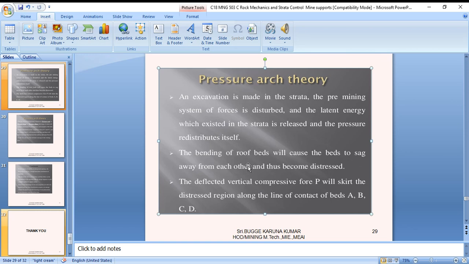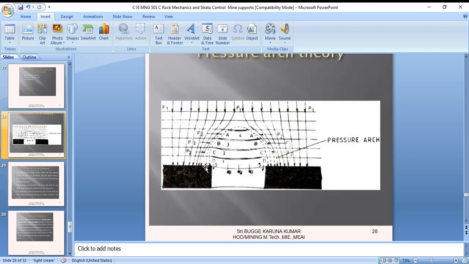The bending of roof beds will cause the beds to sag away from each other and become detached. The deflected vertical compressive forces P will be concentrated in a distinct region along the line of contact ABC, as shown clearly in the figure.